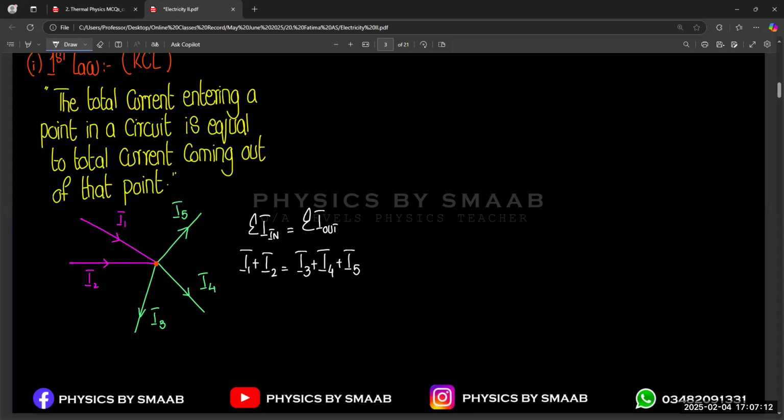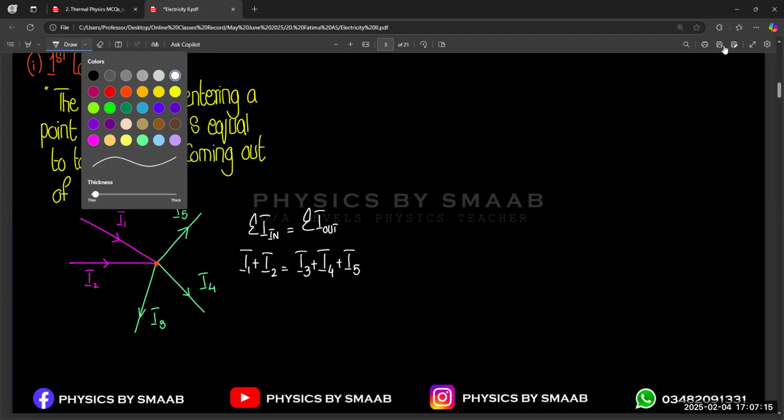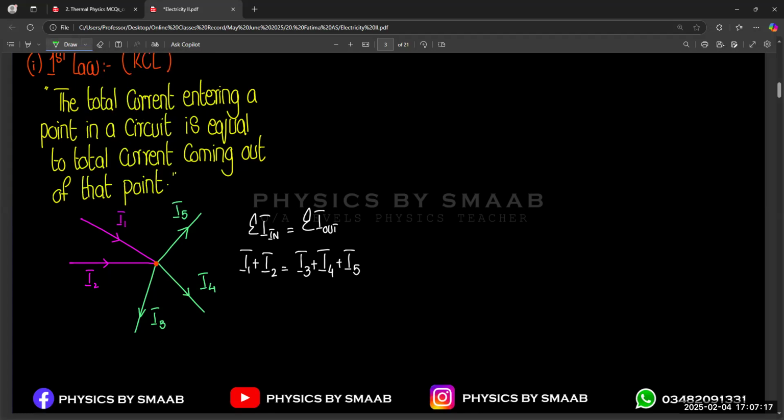We are talking about electric current, and electric current is the rate of flow of charges. So in other words, we can say this law is related to the law of conservation of charges.